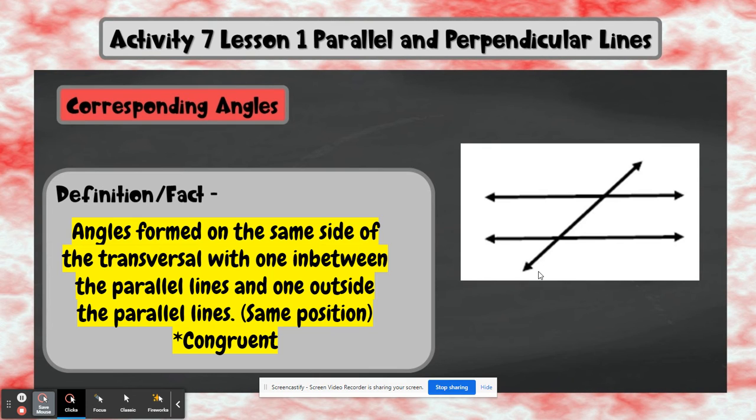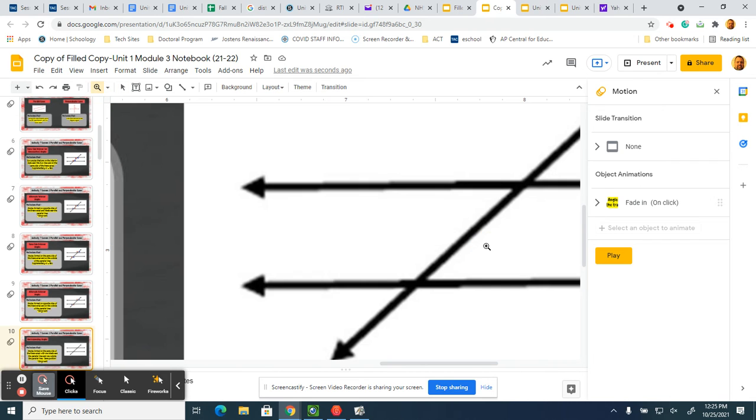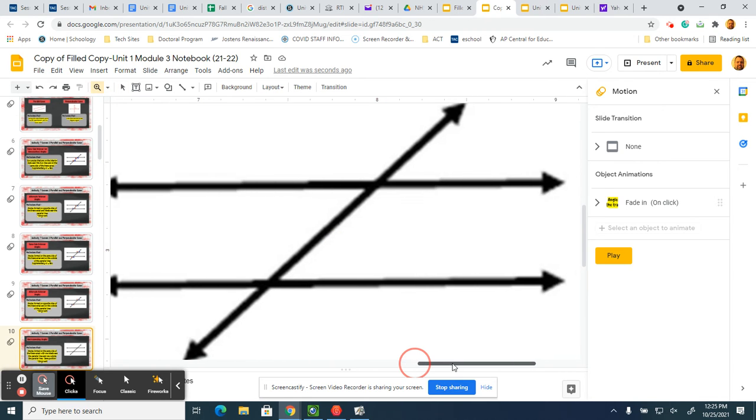So these are angles formed on the same side of the transversal, one inside the parallel lines and one outside. So I'm going to zoom in on these lines again. And this time, let's use the smiley face. Now, notice where the smiley face is. Here's where I mean same position.